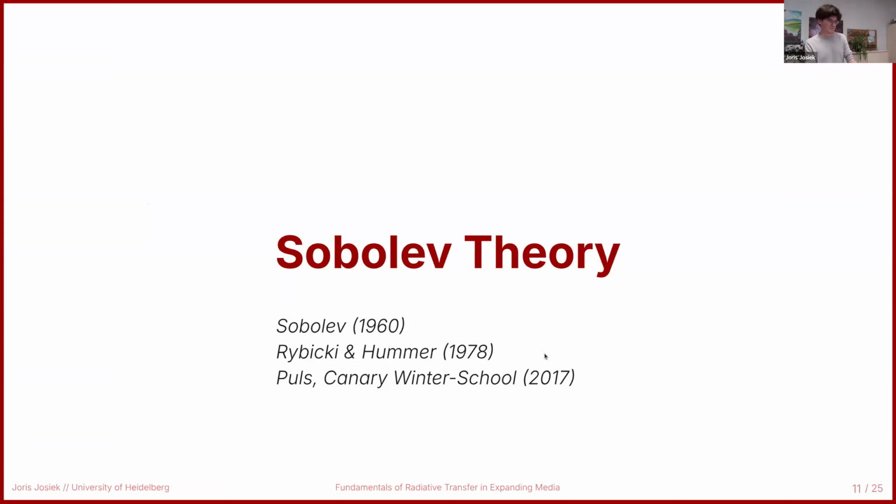So if you're interested in a deeper dive into this theory, this is also one to recommend. This theory is a way to somehow simplify this problem. Our problem is still, we want to figure out what the intensity of radiation is at any point in the star.